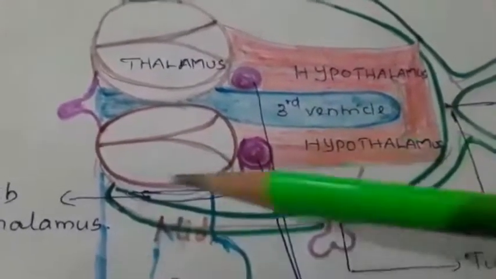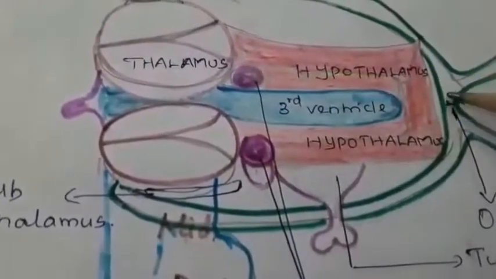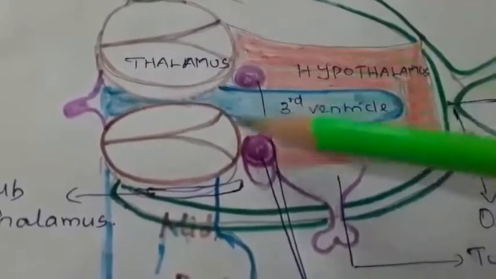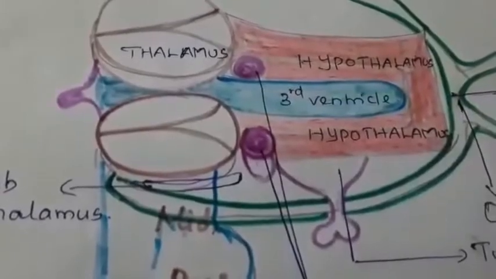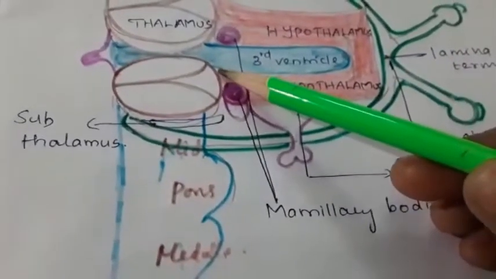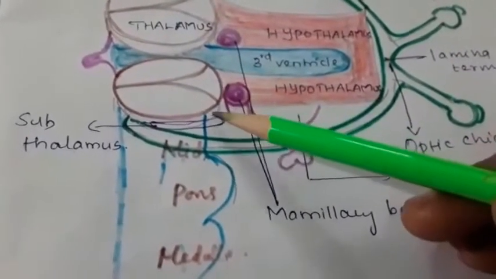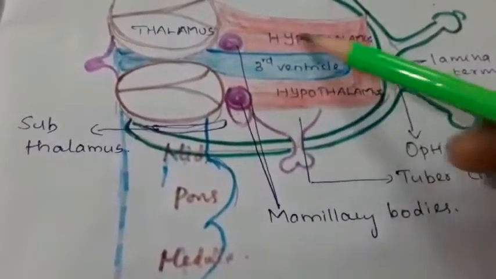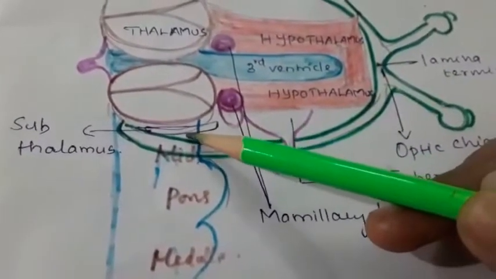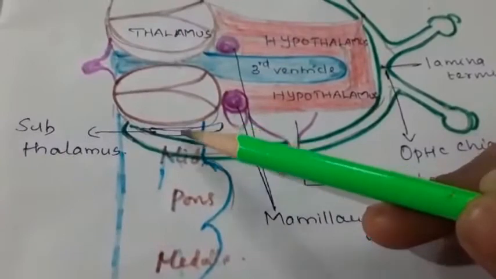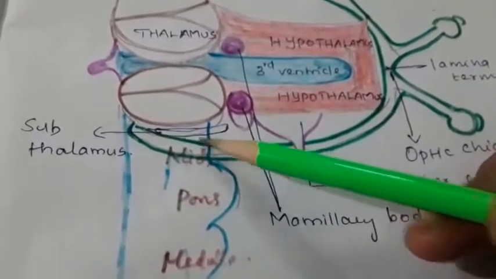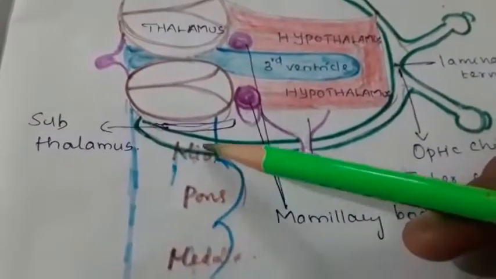Next is the posterior boundary. We have learned the anterior boundary is the lamina terminalis. The posterior boundary is formed by, look here, here is the hypothalamus. Below that, beneath the thalamus, are the midbrain, pons and the medulla oblongata.